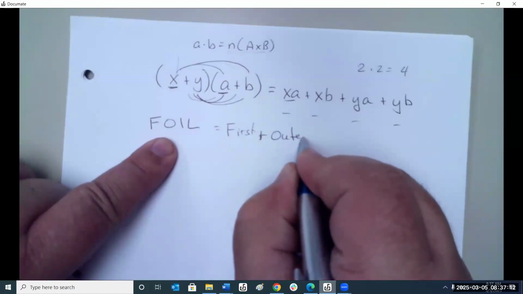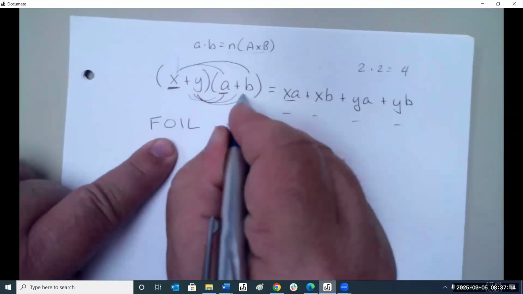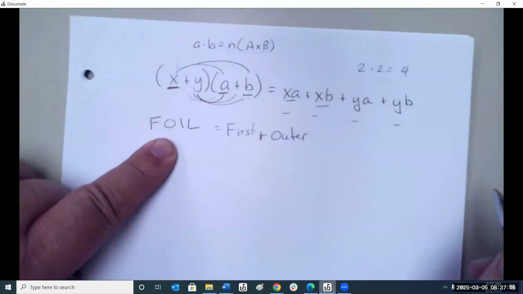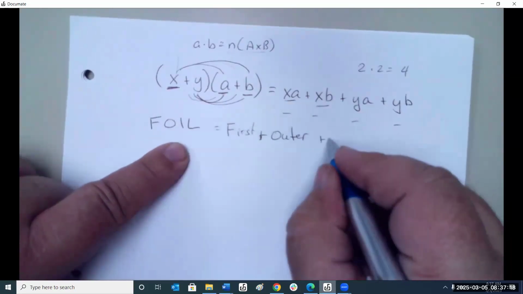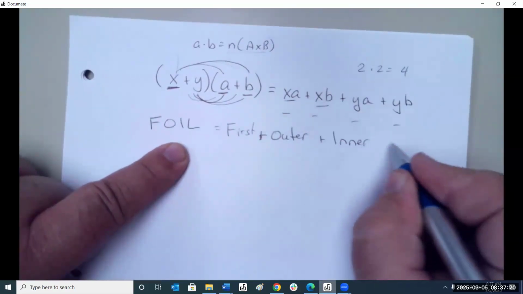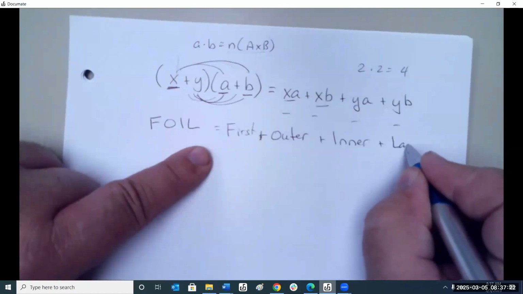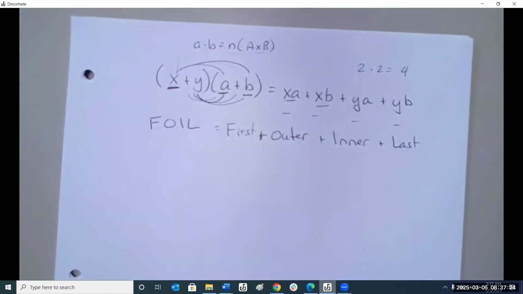Outer, so you took the outer numbers, XB. Then you took the inner numbers. And then you took the last numbers. That's the acronym for FOIL. First, outer, inner, last.